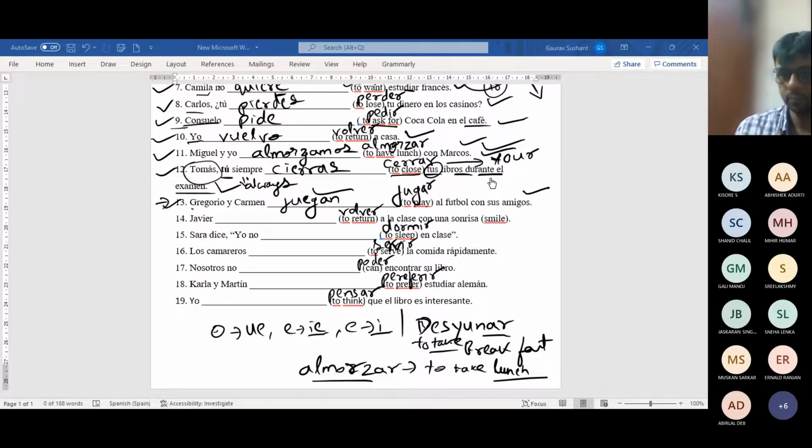Number next, number 14. Mainak Das Gupta. No? Okay, Mihir, can you try? Next one. Mihir Kumar.